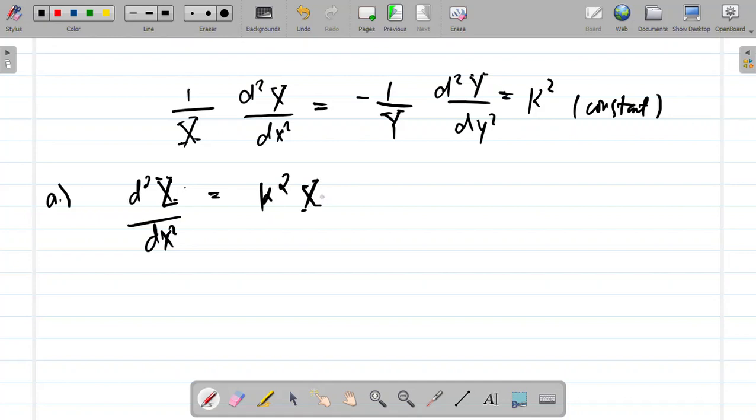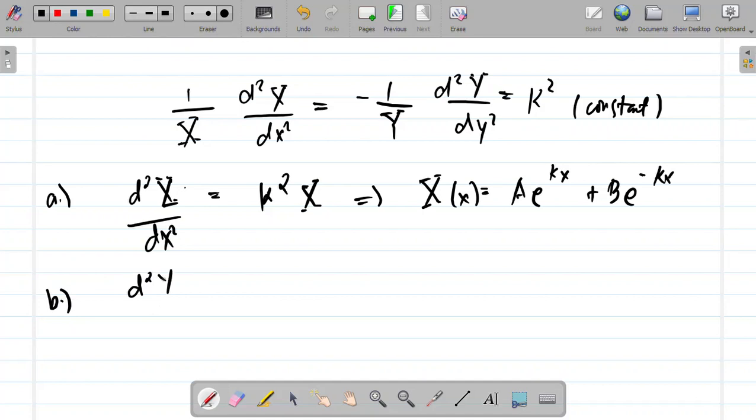So, class, i-mental nyo na lang to, exponential. So, we have X of x equals A e raised to kx plus B e raised to negative kx. So, letter B. Yung sa y naman. d squared Y over dy squared equals negative k squared Y. Di ba?